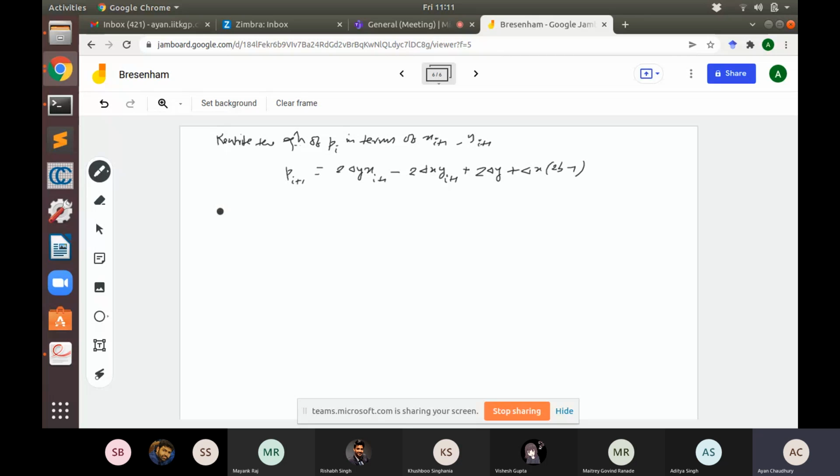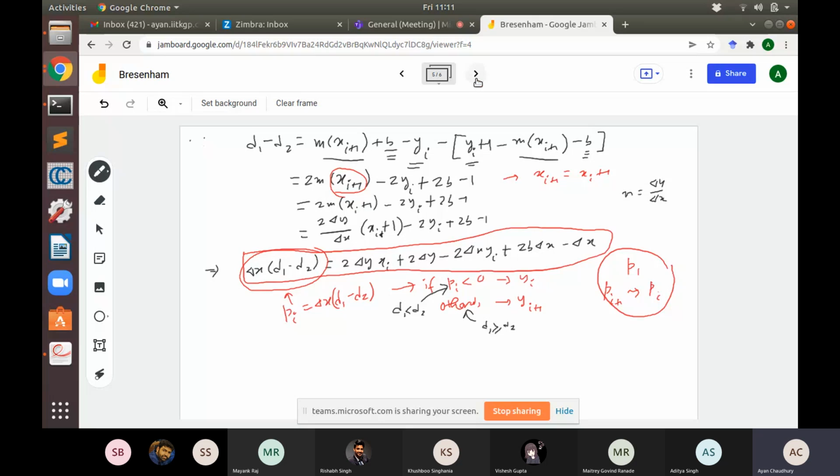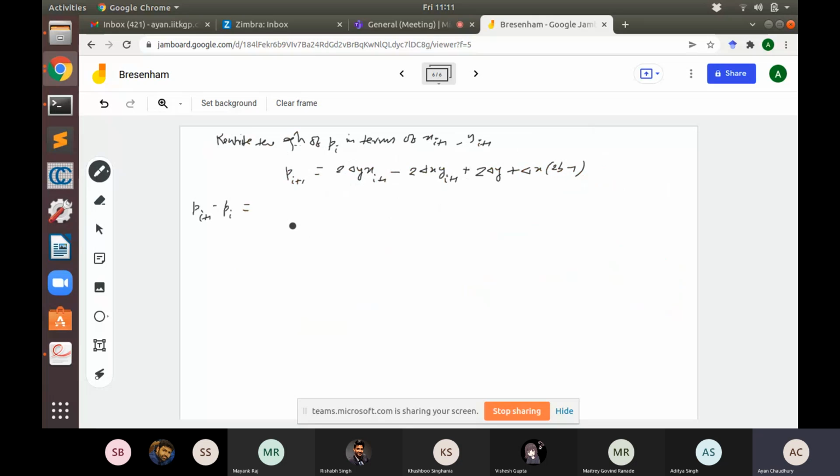And we find the difference pi plus 1 minus pi. So what will this be? Pi is here, and pi plus 1 is this one, so just take the difference.